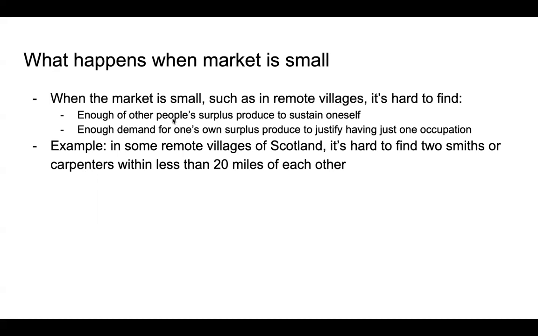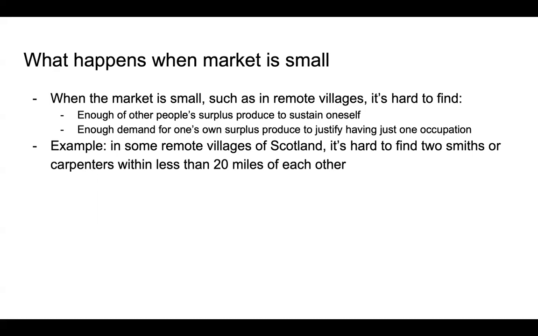So the two reasons being, you don't have enough of other people's surplus produce to sustain yourself. That's one thing, because it's a small village in the middle of nowhere. There are not that many people. They don't produce that much. You cannot expect to just focus on one thing and then exchange your surplus with the produce of their labor.